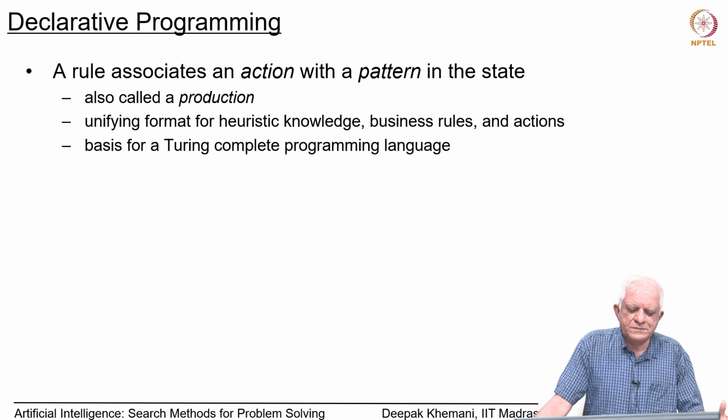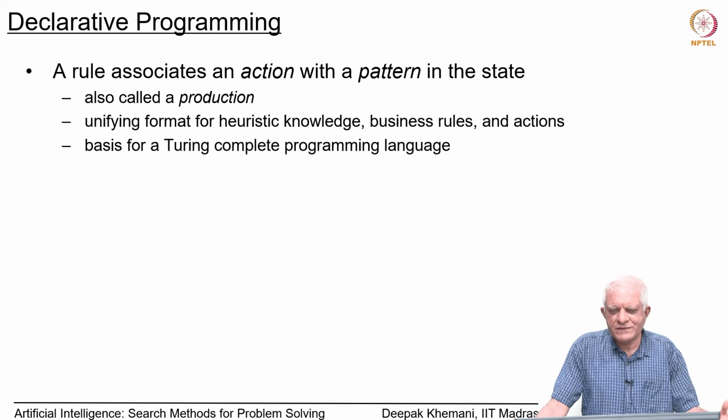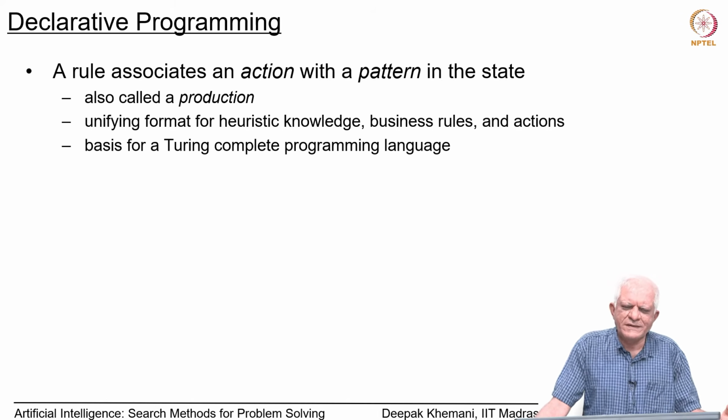So, it turned out that in the process rule based systems were like Turing complete programming languages. What is a Turing complete language? As you know, it is a language in which whatever you can do with a Turing machine, you can implement in that language. So, a language is said to be complete if it is equivalent to a Turing machine.